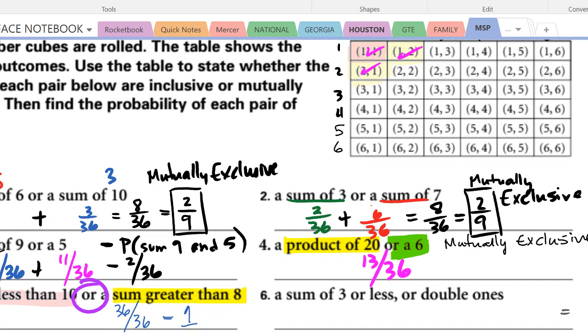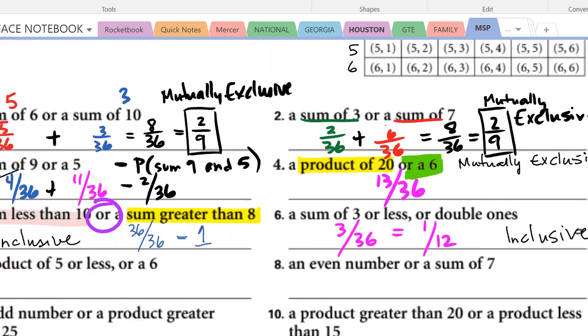So that's going to be 3 possible ones out of 36, which is the same as 1 out of 12. And by the way, those overlapped, so they were inclusive. And these overlapped, so they were also inclusive on number 5.